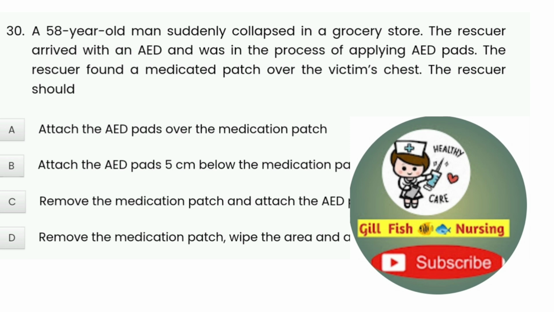The rescuer should: option A, attach the AED pad over the medication patch; option B, attach the AED pad 5 cm below the medication patch; option C, remove the medication patch and attach the AED pad immediately; option D, remove the medication patch, wipe the area, and attach the AED pad. What would be the correct answer? Option D, remove the medication patch, wipe the area and attach the AED pad, is the correct answer.